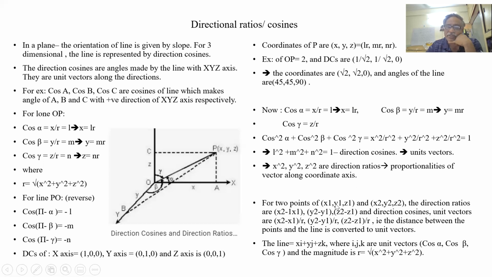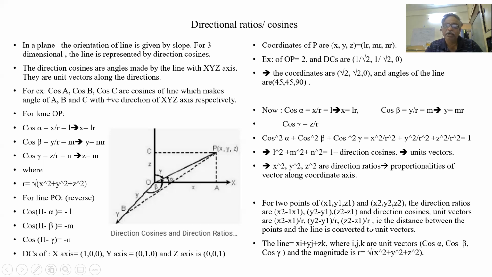Now let us see. Suppose there are 2 points, x1, y1, z1 and x2, y2, z2. The direction ratios are x2 minus x1, y2 minus y1, z2 minus z1. And what is the distance between these two? Root of x2 minus x1 whole square, y2 minus y1 whole square, z2 minus z1 whole square. So the direction cosines are x2 minus x1 by r, y2 minus y1 by r, z2 minus z1 by r.